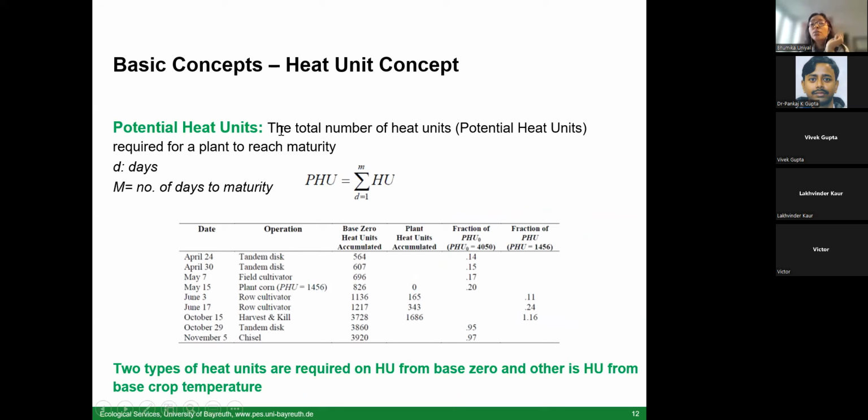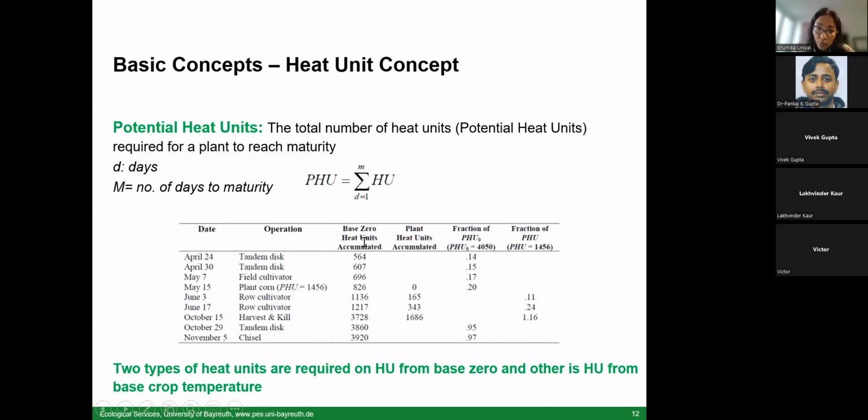Potential heat units are the total number of heat units which are required for a plant to reach maturity, and this is calculated from the heat units which I have shown you: the average temperature minus base temperature, accumulated over the days required to achieve maturity. Here in this table, an example is given.